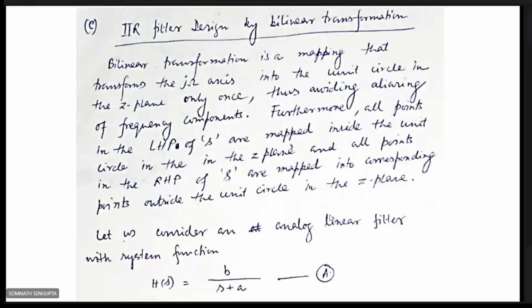The right half points of the S plane are mapped outside the unit circle of the Z plane. And the j omega axis in S plane, that represents the frequency axis, is mapped onto the perimeter of the unit circle. Okay. So that particular concept was discussed in the previous class.